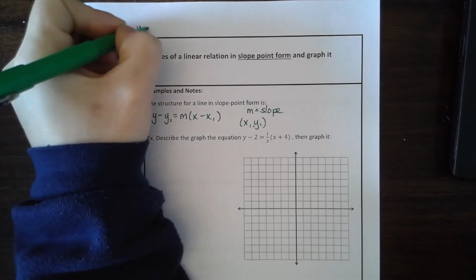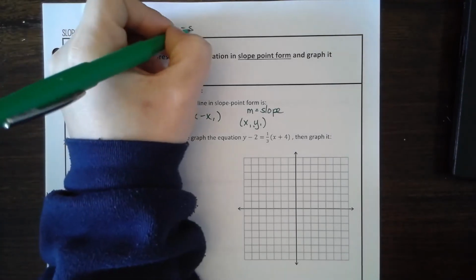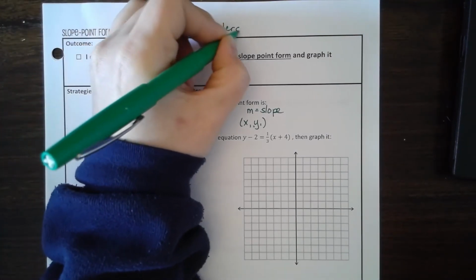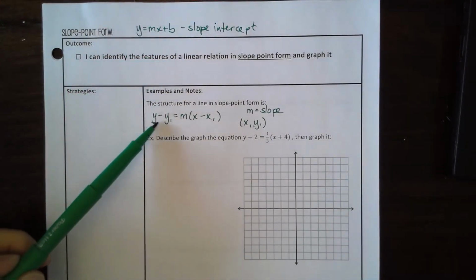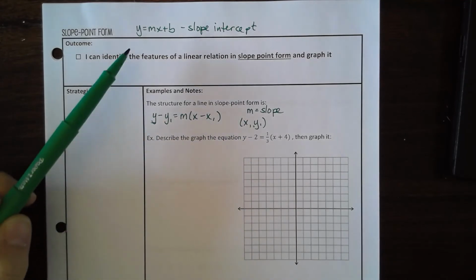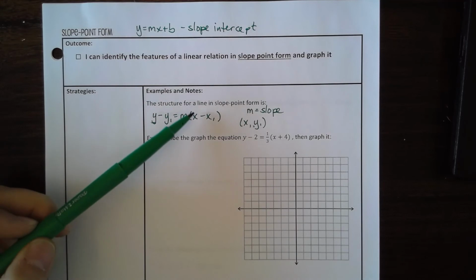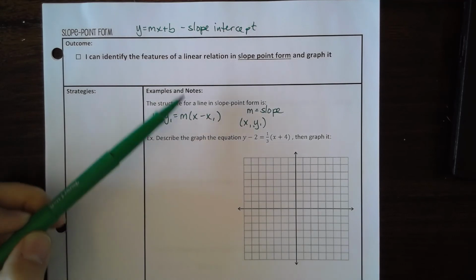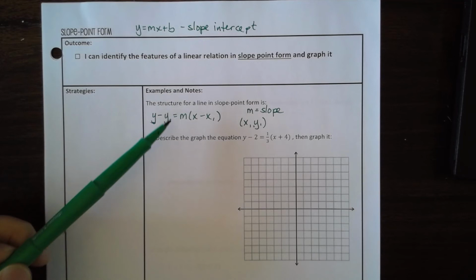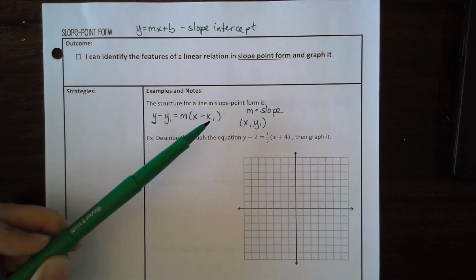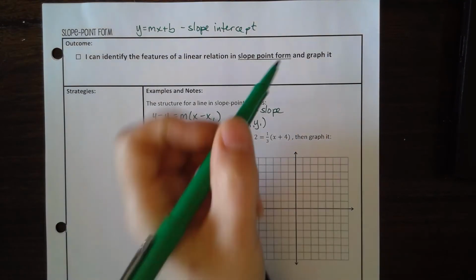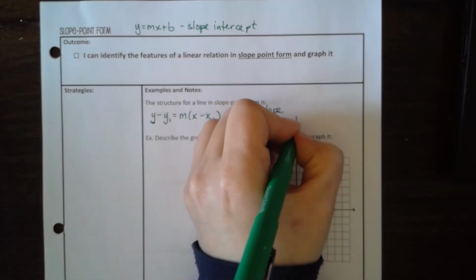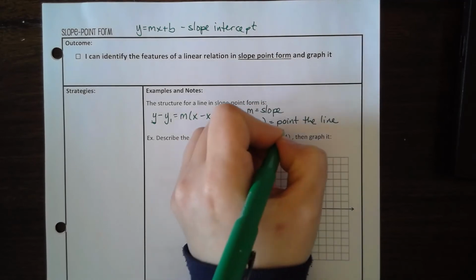If we compare this to y equals mx plus b, which is our slope intercept, we can see that this y matches up with that y, this x matches up with this x, and instead of having a b, slope point has this y1 and this x1. So we don't know an intercept, but we do know a point the line passes through.